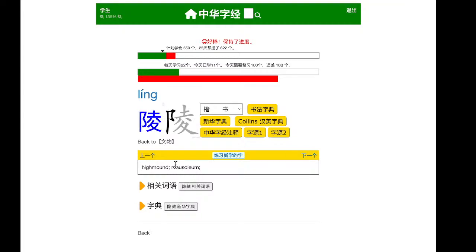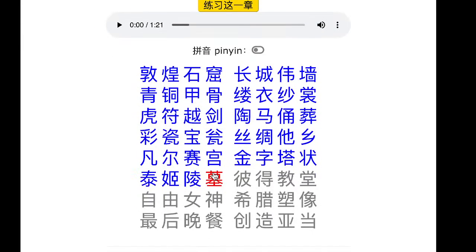陵 is a high mound or a mausoleum, and 墓 is also referring to a grave or a tomb. So this 太姬陵墓 is referring to the Taj Mahal. If you know anything about the Taj Mahal, it was a mausoleum built by the emperor for his concubine.